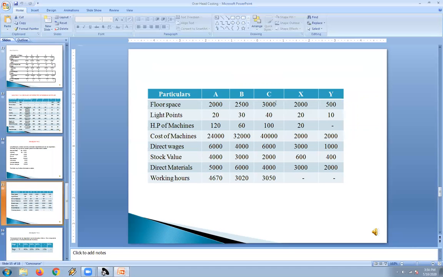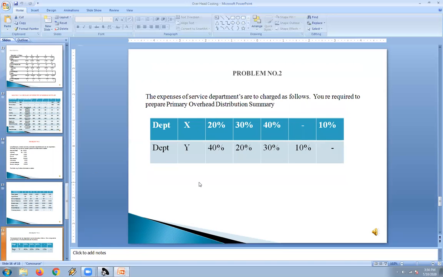See the table which has to be used for calculating the ratios: the floor space values in square feet, the number of light points, the horsepower of machines of all the 5 departments, cost of machines, wages, stock values, direct material, and working hours only for the production. Along with that, they have also given a table.